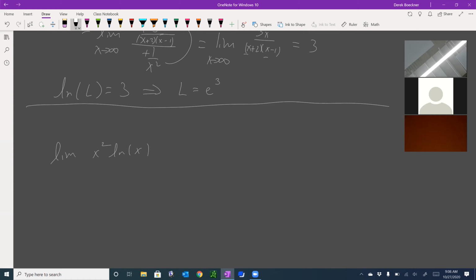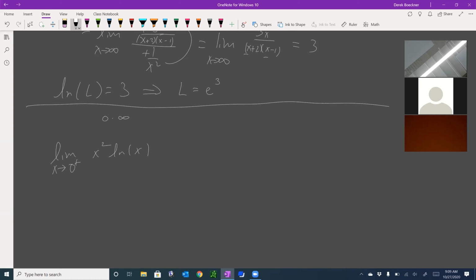For the limit of x squared ln x as x goes to 0 plus, which indeterminate form do we have? Yep, 0 times infinity.